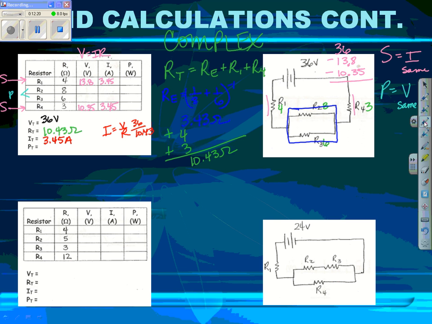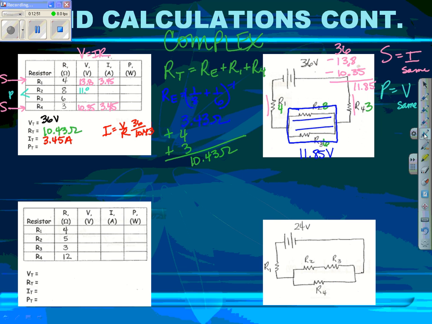That's going to leave me with 11.85 volts. That means that in this section right here, there is 11.85 volts used. If 11.85 volts is involved in this section, then that voltage goes to both R2 and R3 because it is a parallel circuit. So I'm going to write that for their voltages.